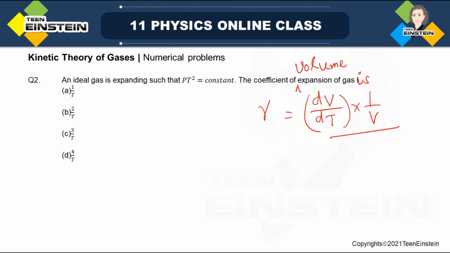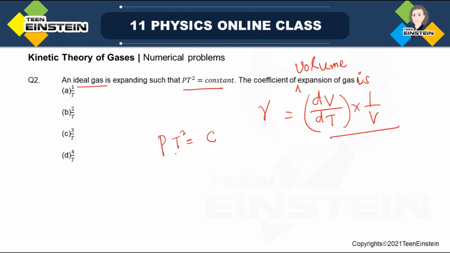So to find out this dV by dT into 1 by V, look here, this is for an ideal gas. What is given is PT square is equal to constant. Let us write that constant as c. Then we should have an expression with V, right?